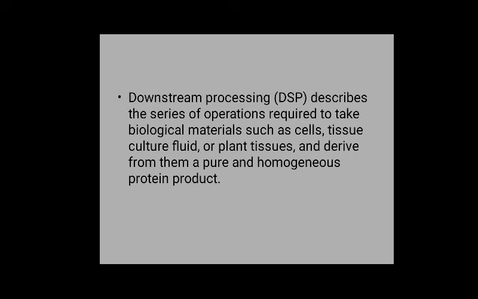So whatever operations we undertake to isolate a homogeneous product from a living substance, maybe a cell, or the broth in which these cells have been cultured, or from plant tissues, or any of their derivatives, that series of operations is described as downstream processing.